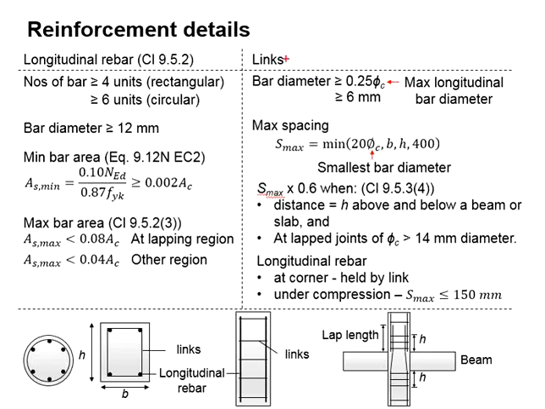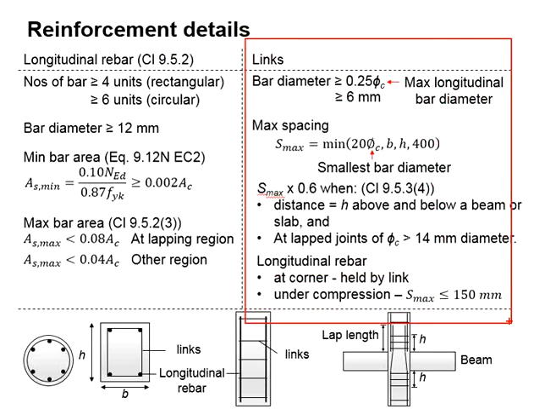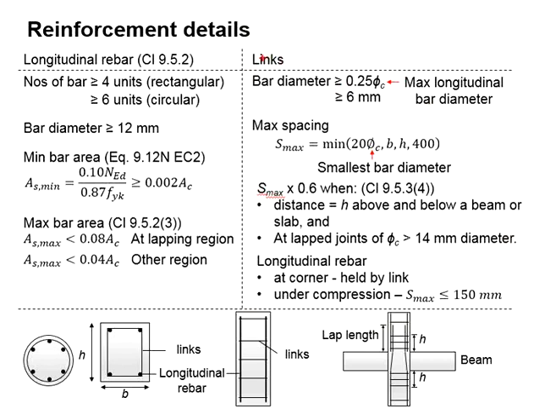Next, we look at the requirements for the link. We need to determine the minimum bar diameter to be used. There are 2 requirements. The diameter of the shear link will be at least 6 mm, and it should be greater than a quarter of the bar diameter provided as the longitudinal reinforcement.